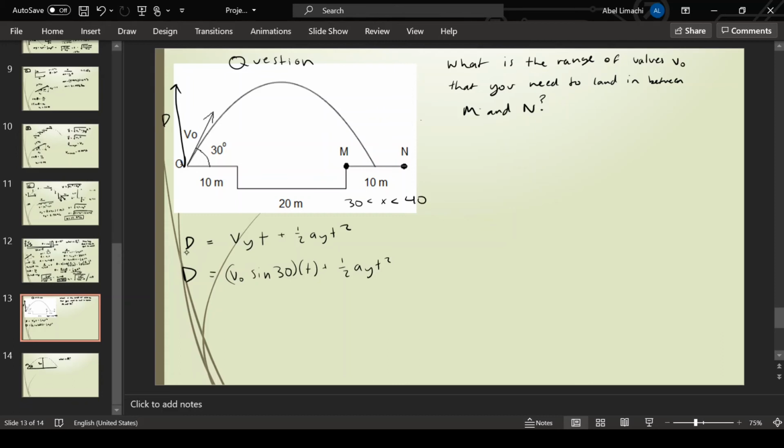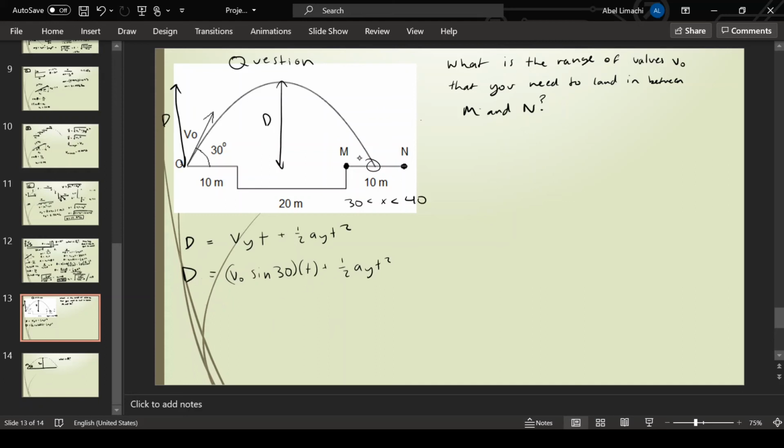So I'm calling D, this value, height right here. D is equal to Vy, and we wrote Vy right here. There are 2 times whenever this D value is equal to 0: at the beginning and at some later time.